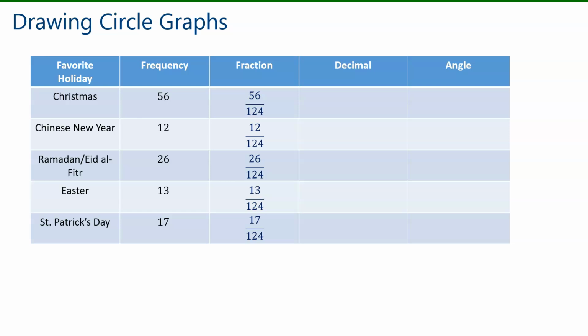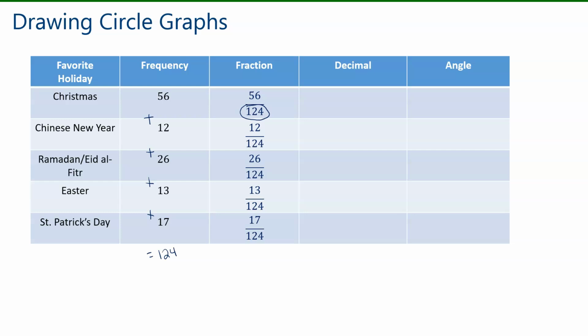Now we were told this number in the question, but if you weren't, you can simply find that by adding up all the people that were surveyed. So 56 plus 12 plus 26 plus 13 plus 17 gives you a total of 124. So that's how you can figure out the bottom number in your fraction.